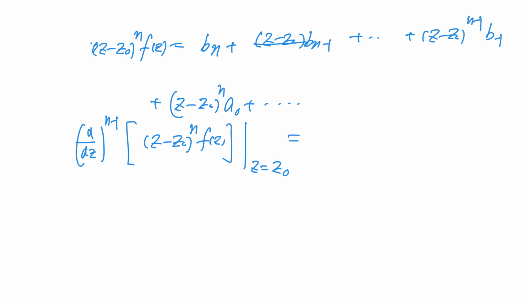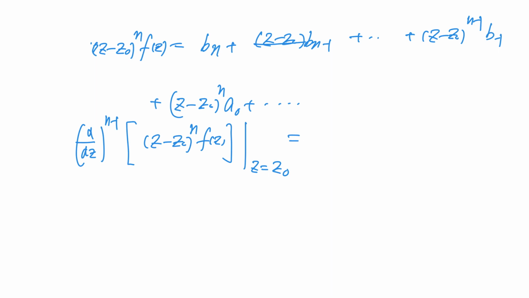So if you multiply by (z minus c naught) to the n everywhere, take the derivative n minus 1 times, and take the limit of z goes to z naught, what happens? If you differentiate n minus 1 times, everything goes to 0 until this one, right?